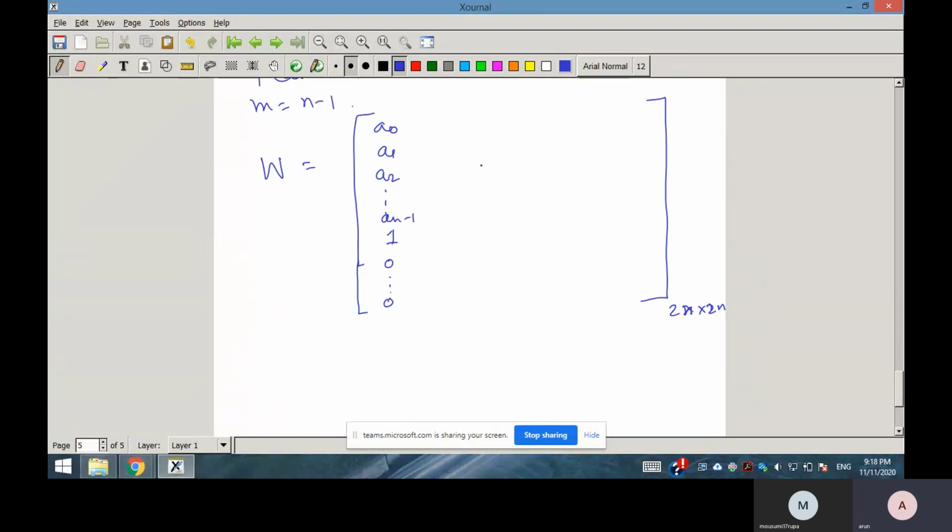So this will be your first column. Then the second column will be 0, A0, A1 up to a n minus 1, then 1, then 0s after. In this way it will continue with 0, 0, 0.